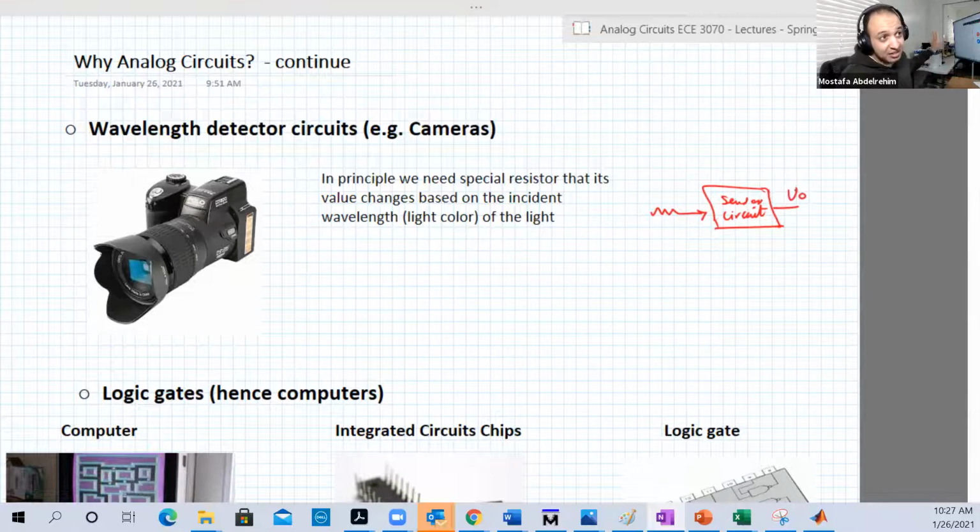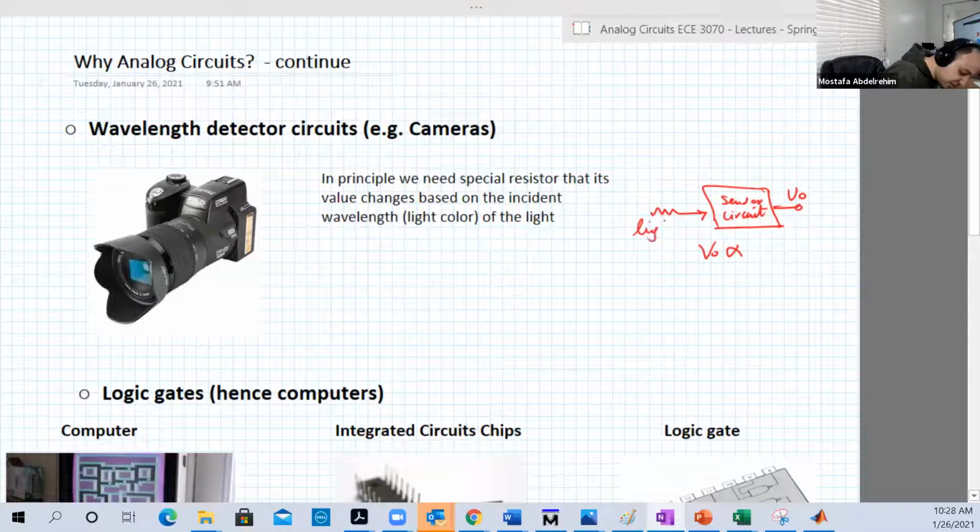So the input is light, it's not electrical, but the output is electrical. And VO here is proportional to, or has some relation with, the incident light, with lambda. So this is a light color. It has some kind of function that relates it to the incident light color.